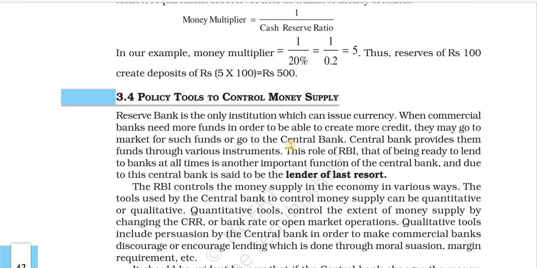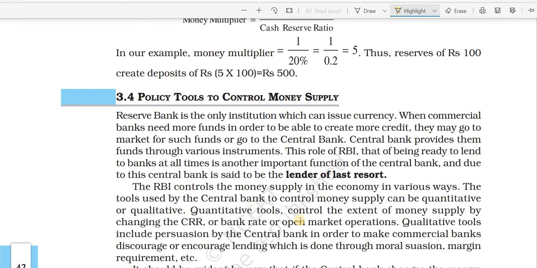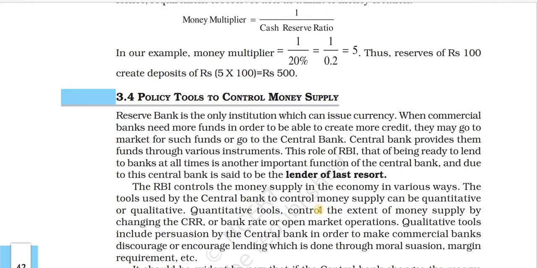The RBI controls money supply in the economy in various ways. Quantitative and qualitative measures are there for controlling money supply. Quantitative means related to quantity, and qualitative means how they can control, like the credit system, agricultural finance, how they can control these banks.